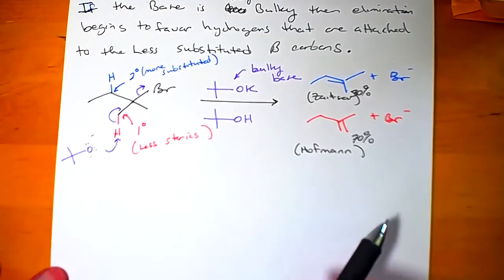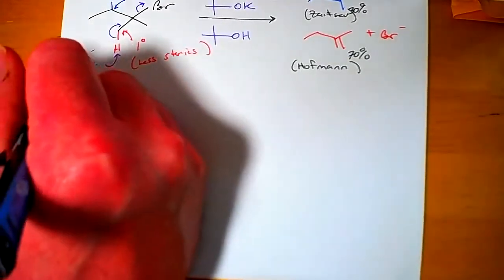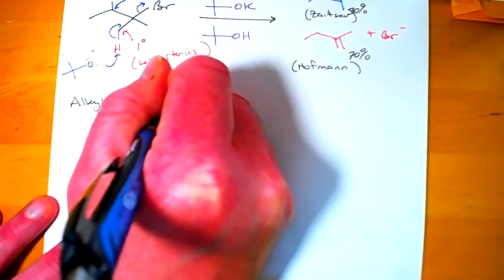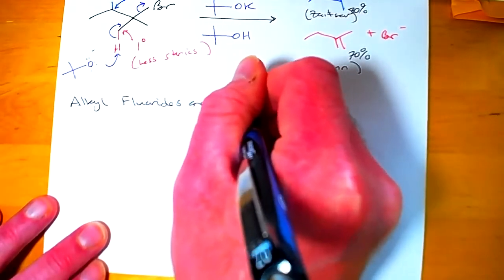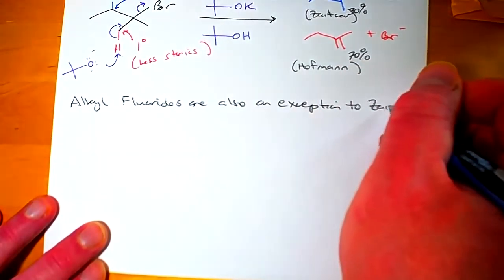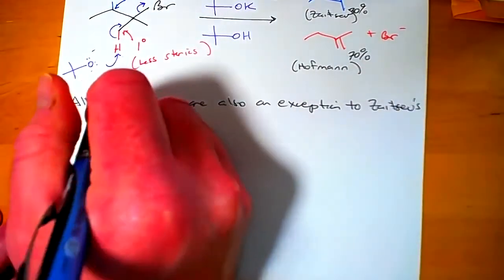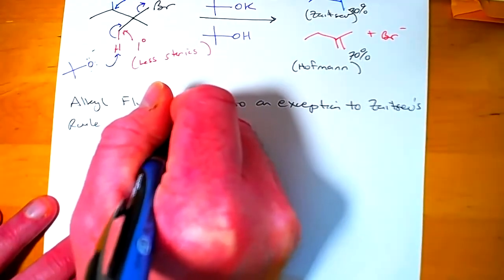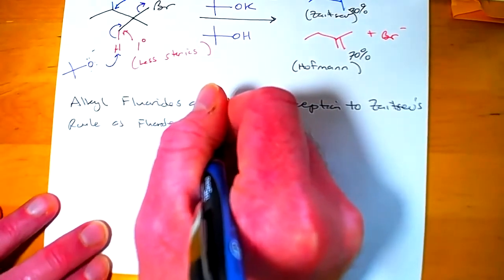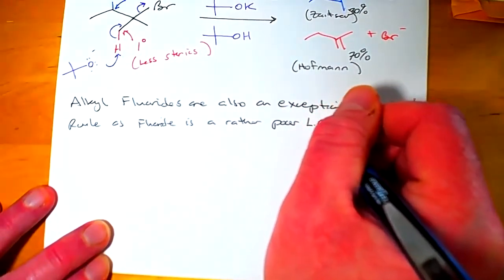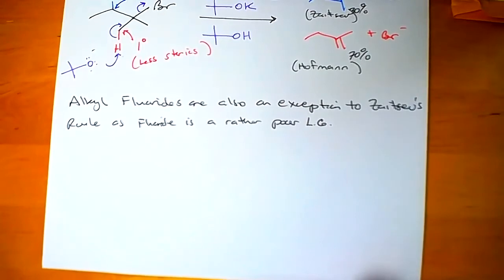There's also another place where this can occur as well, and that is with systems that contain alkyl fluorides. Alkyl fluorides are also an exception to Zaitsev's rule, as fluoride is a rather poor leaving group. Okay, and again, just remember that hydrofluoric acid is a weak acid as opposed to HCl and HBr.